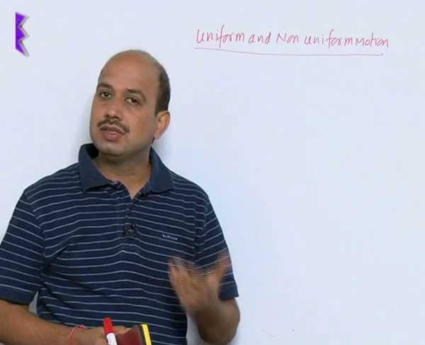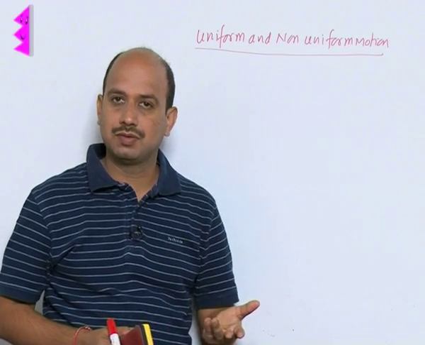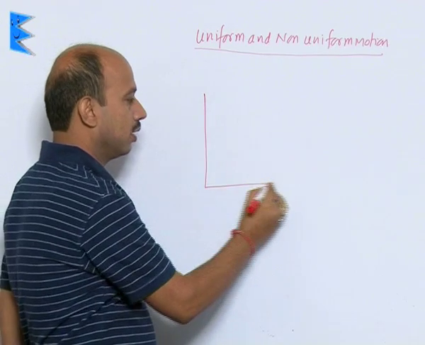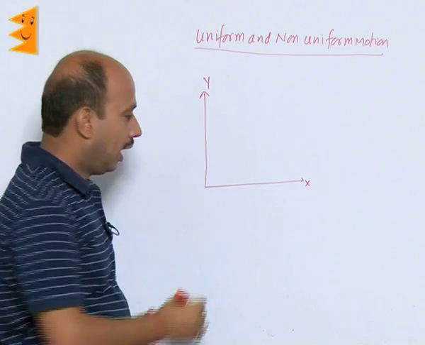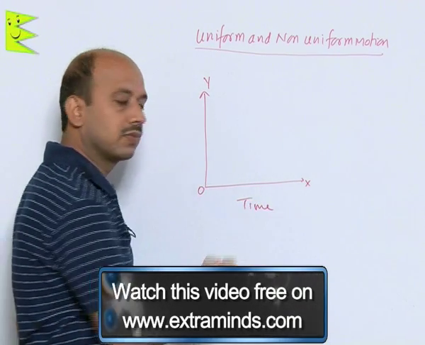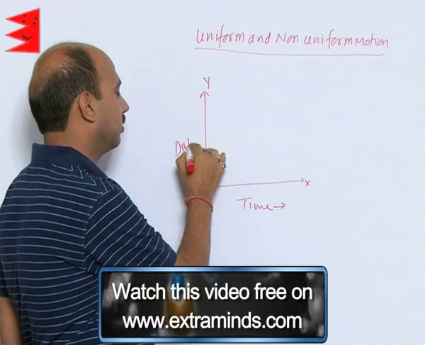We can represent these two motions, uniform and non-uniform motion, with the help of a graph. Suppose you have taken this as x axis and this as y axis, and you take time intervals on this axis, and on this axis you take distance.